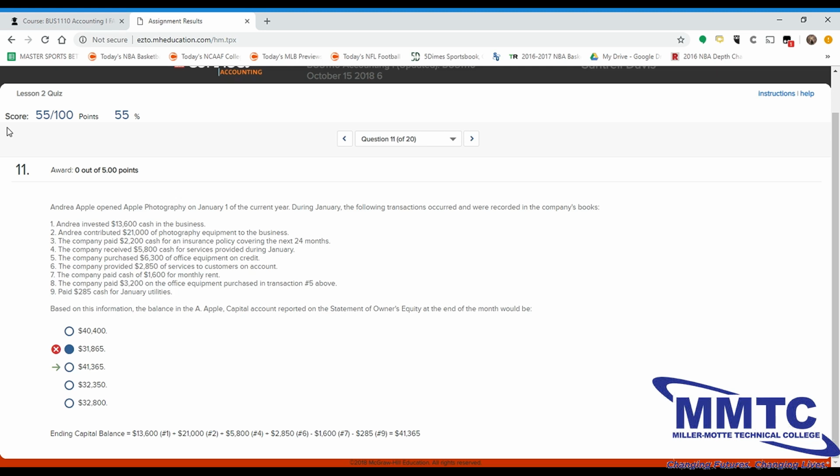So she invested $13,600 in the business. They added the $21K of photography equipment to the business, so the equipment goes into that formula.